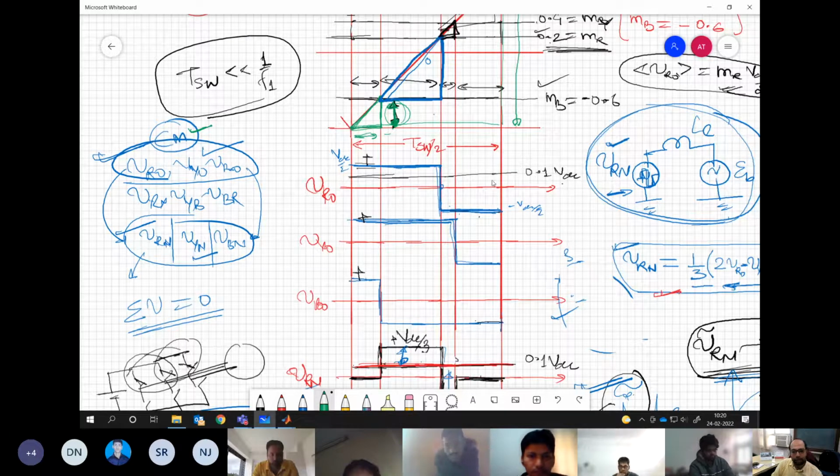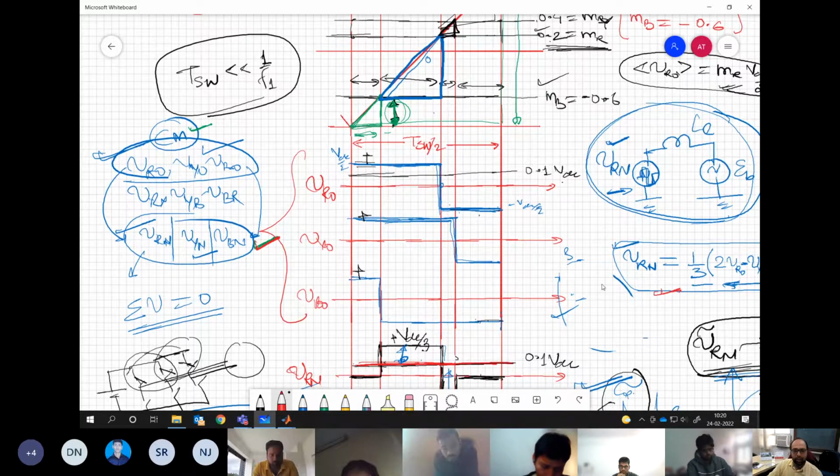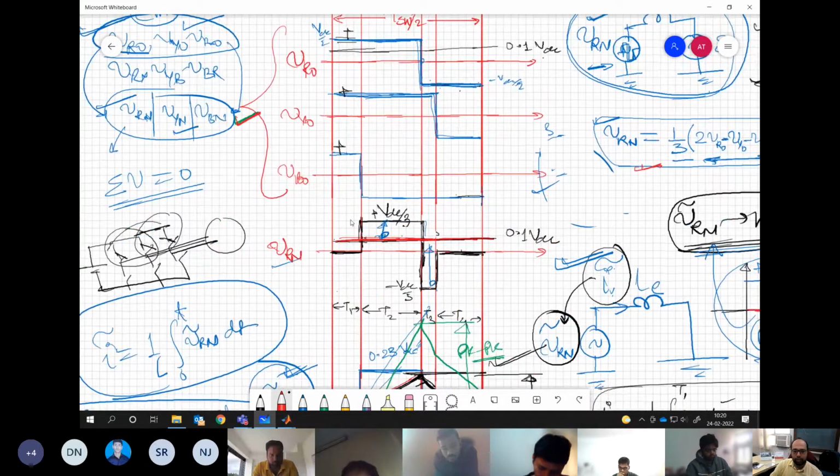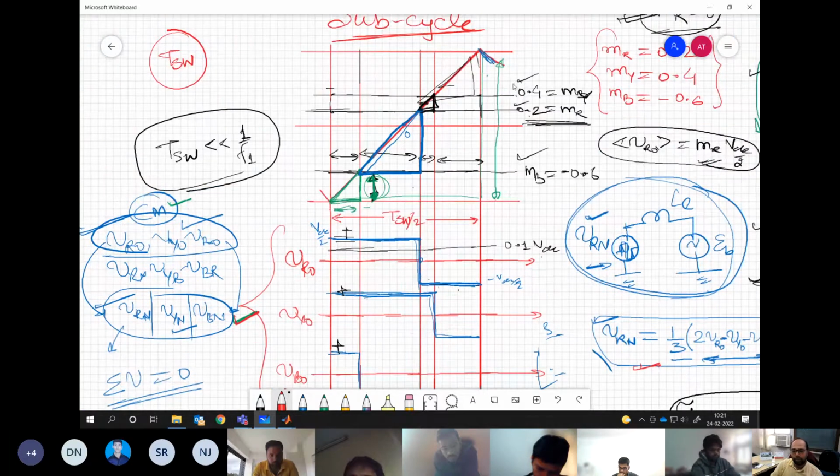It has to be decided on the basis of the line to neutral voltage component. So we need to derive our VRN, line to neutral voltage, from VRO, VYO, VBO. And this is what we have done over here. We have got the VRN corresponding to this position of the subcycle and position of these modulating signals.